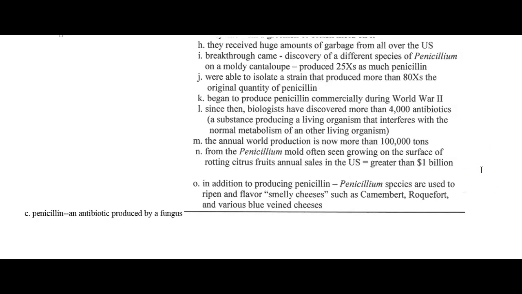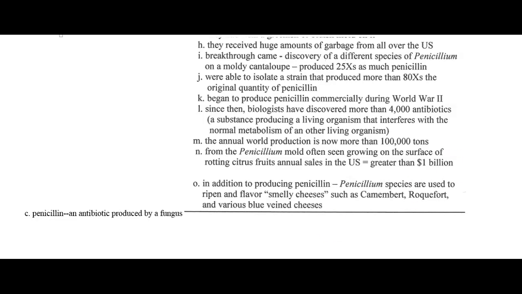So Penicillium mold, often seen growing on the surface of rotting citrus fruits, produces more than $1 billion a year. If you like smelly cheeses, blue cheese, alright, that's penicillin.